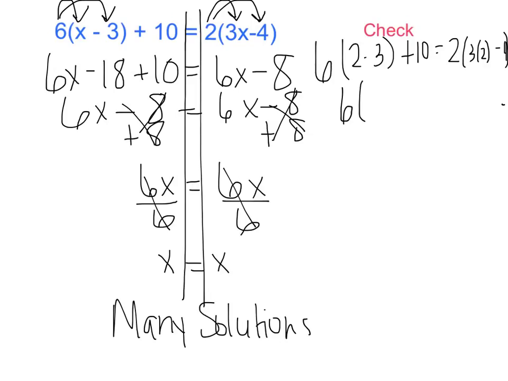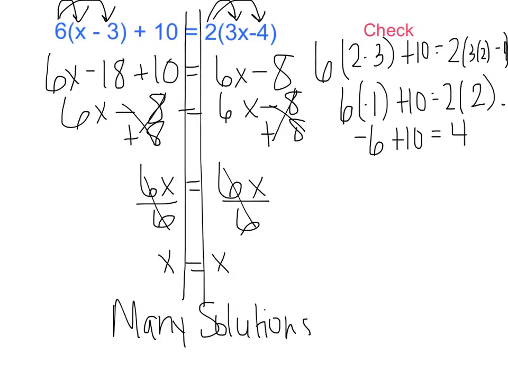So 6 times negative 1 plus 10 equals 3 times 2 is 6. 6 minus 4 is 2. 6 times negative 1 is negative 6 plus 10 equals 4. Negative 6 plus 10 equals 4. So 4 is equal to 4, so that makes our statement true that there are many solutions.